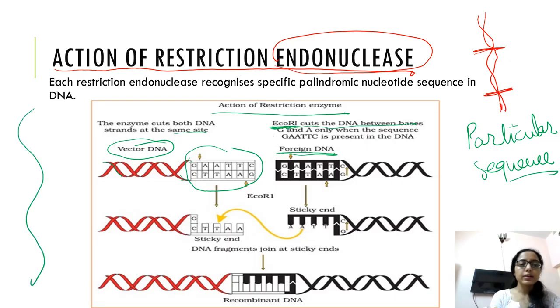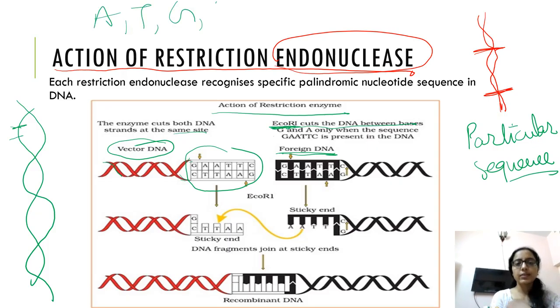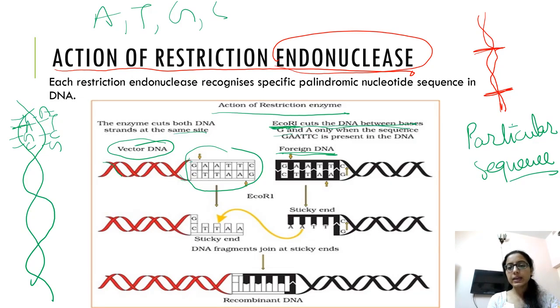We know in DNA the nucleotides are A, T, G, C, where A pairs with T, G pairs with C, C pairs with G and T pairs with A. EcoR1 always cuts between G and A. If you are asked the recognition sequence for EcoR1, it is GAATTC.